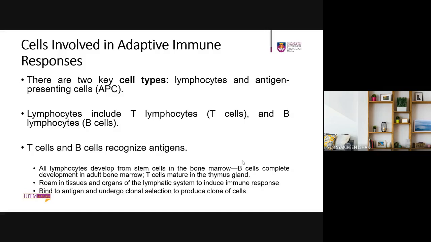So there are 2 key cell types, which are lymphocytes and antigen presenting cells. Okay, antigen presenting cells are of 3 types actually. Okay, 1 macrophage, 2 dendritic cell, 3 B cell can also be one. B cell can also be an antigen presenting cell or APC. Lymphocytes here, we have B cell, and we have T cell. T cells are of two types. We have cytotoxic T cell, and another one, helper T cell. Okay, remember lymphocyte.